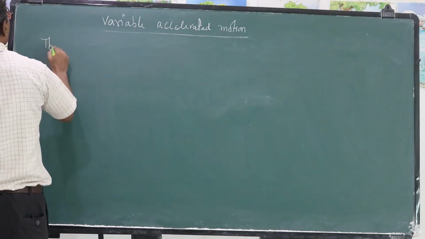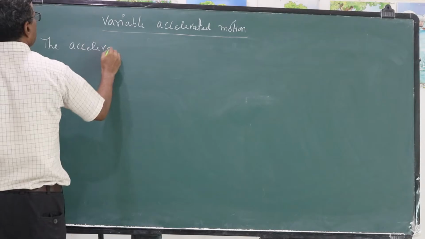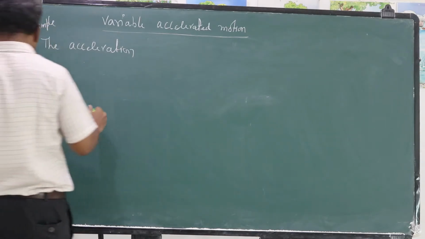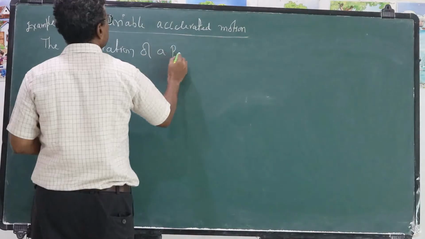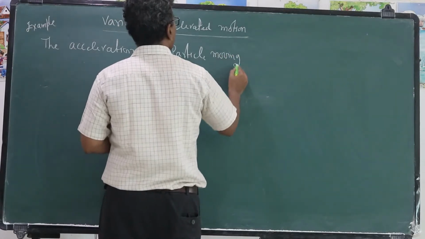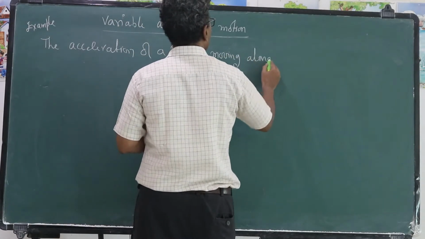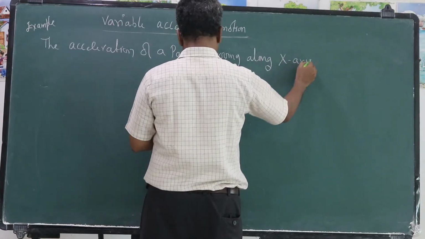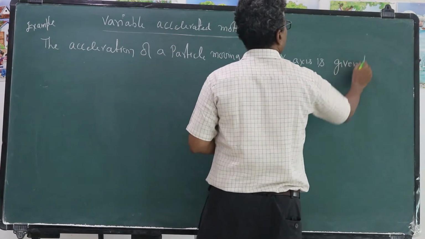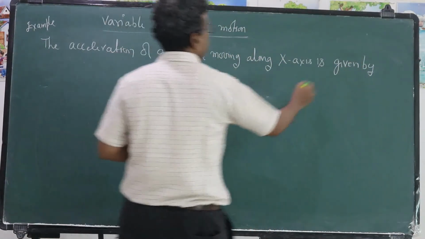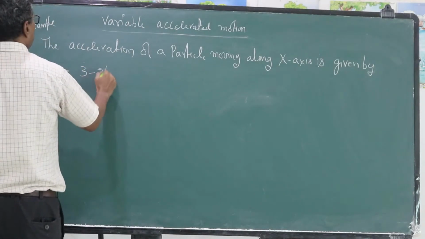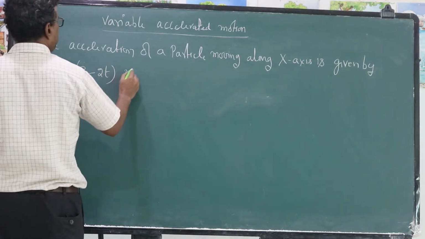Example: the acceleration of a particle moving along the x direction is given by the equation a is equal to 3 minus 2t meter second to the power minus 2.